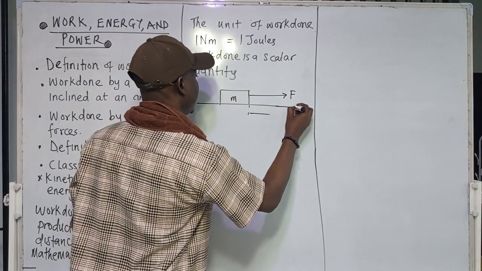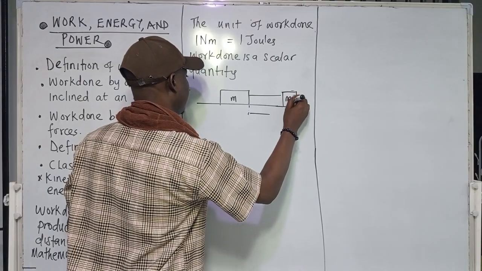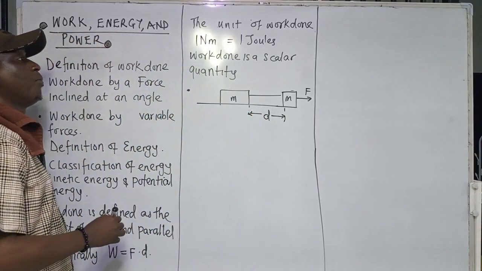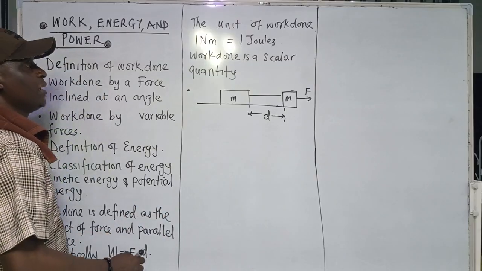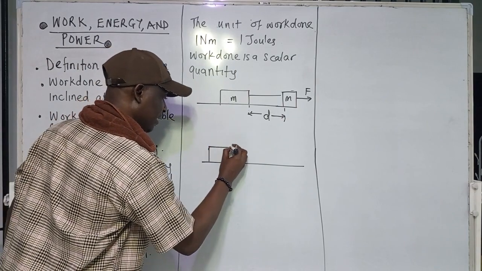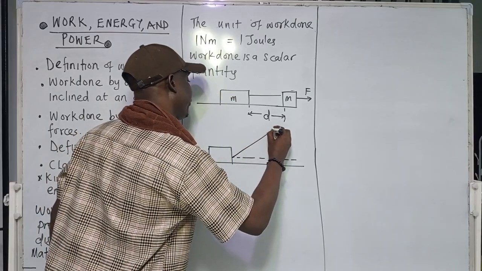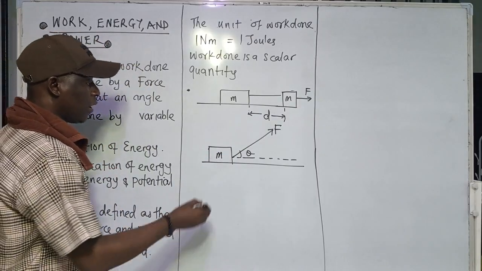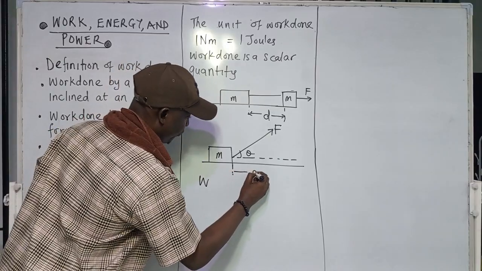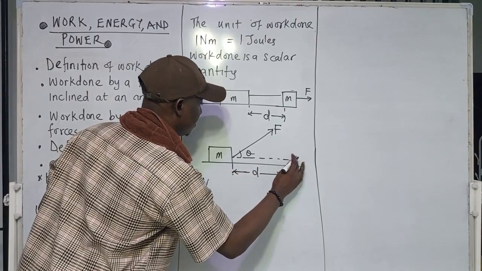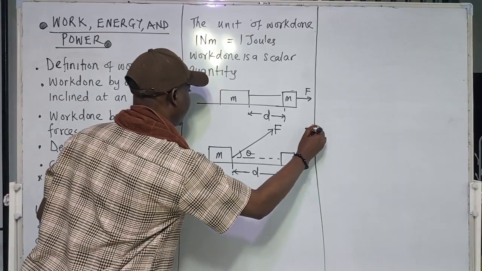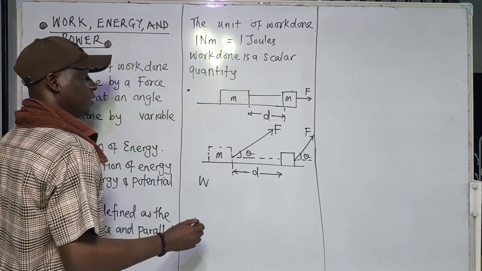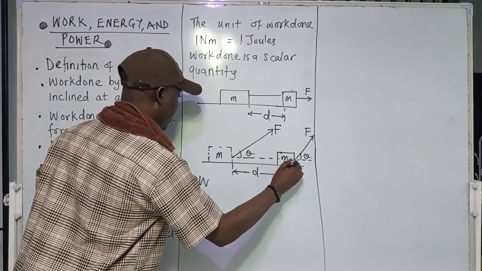Let's say the mass moves from here to this point, having a force F. This is the distance it covers, D. But there are some cases where we have something like this: a force applied at an angle theta to this mass M, and you move it some distance D from this point to this point.